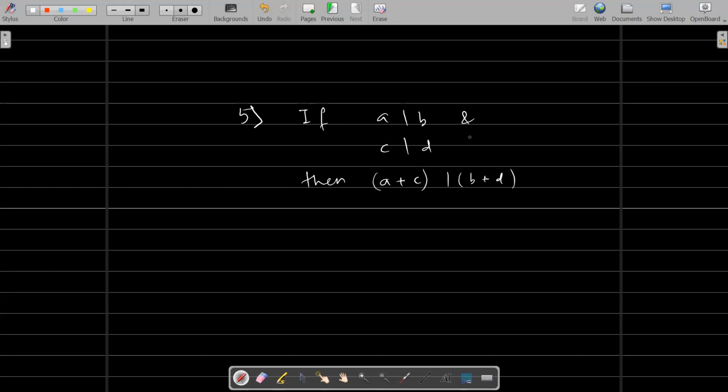If you are writing true, be ready with some logical argument. If you are writing false, there itself you can produce one counter example.